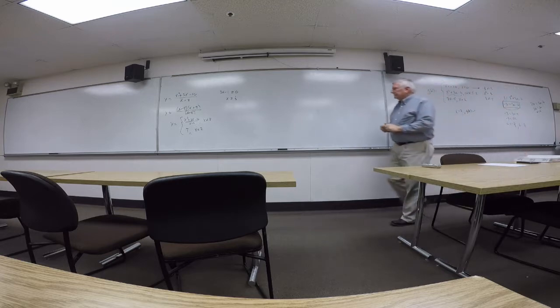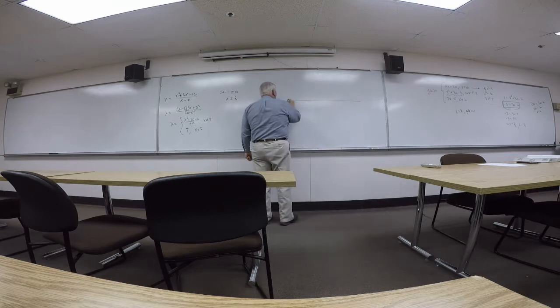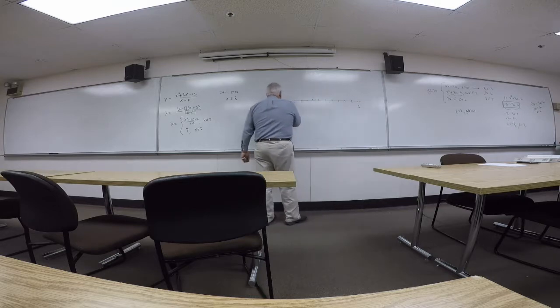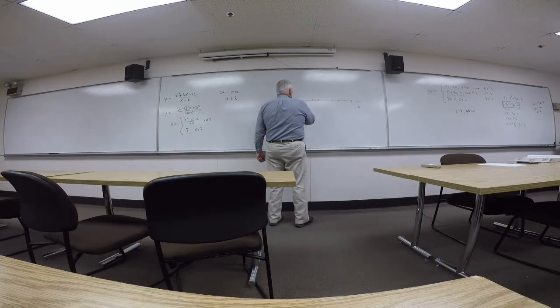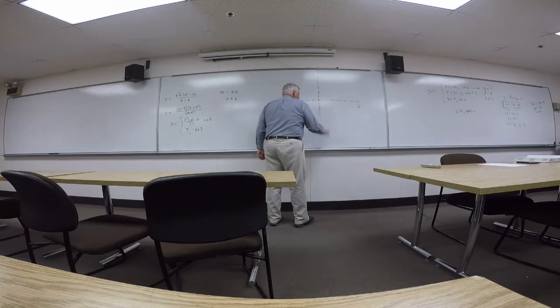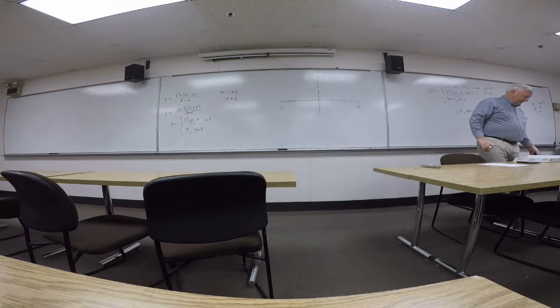Negative 6 to 6. Okay. This graph looks like it begins at somewhere to the left of negative 6, dives down, goes up through about 3.5, negative 3.5.